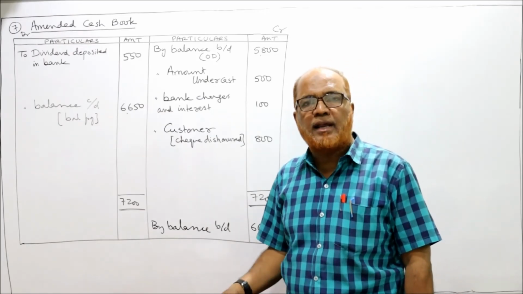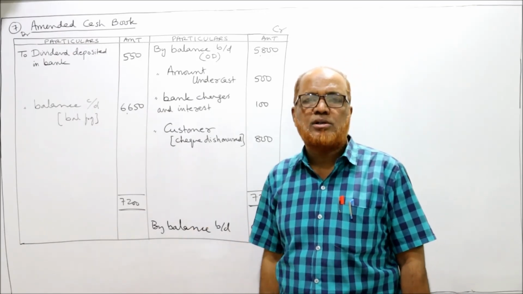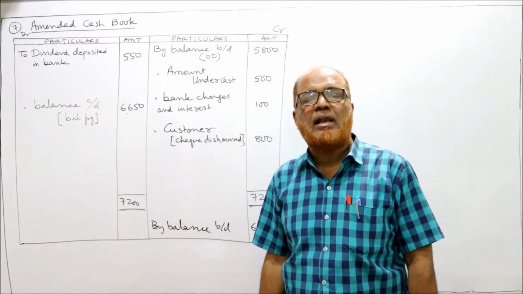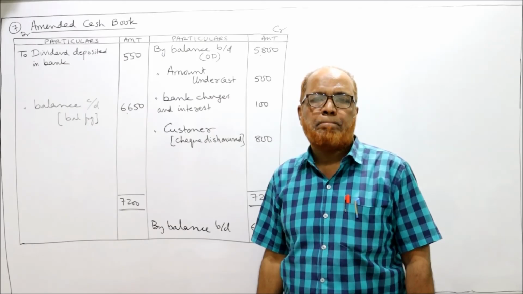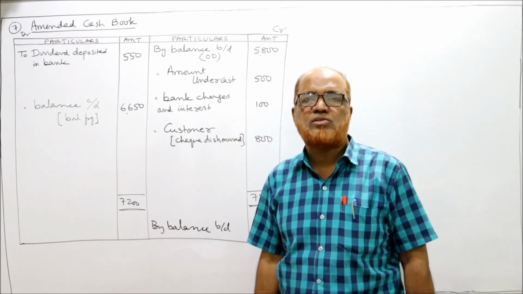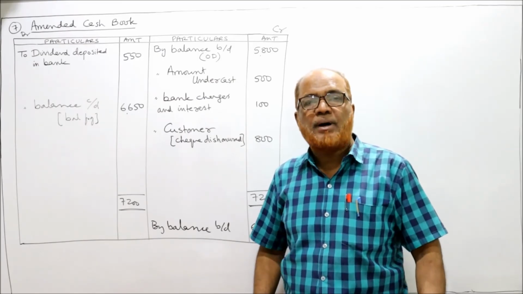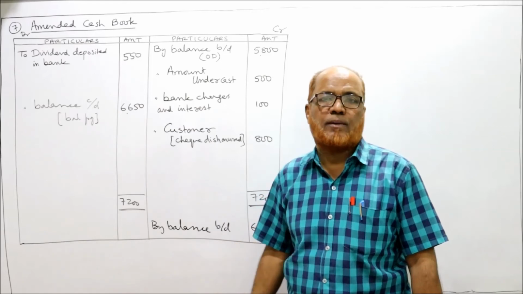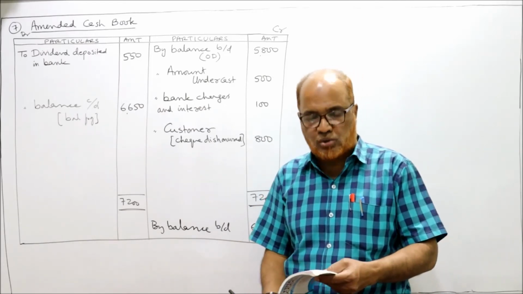This item is already entered in the cash book, so we should not take it in the amended cash book. This item will be taken while preparing the BRS, bank reconciliation statement. If we have to prepare it, then this 2,000 rupees will be considered while preparing the BRS. But since this 2,000 is already entered in the cash book, we should not take it here.